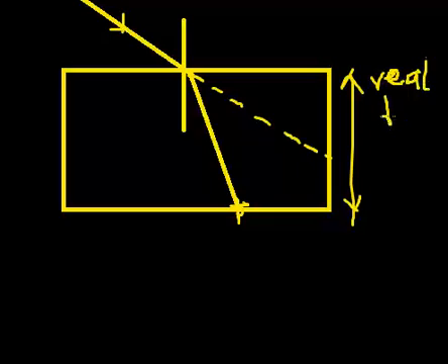Real depth, right? Now this depth that I trace is an imaginary depth, assuming there was no refraction, this light would have moved in a straight line, from this point to this point, and it is what is known as apparent depth.